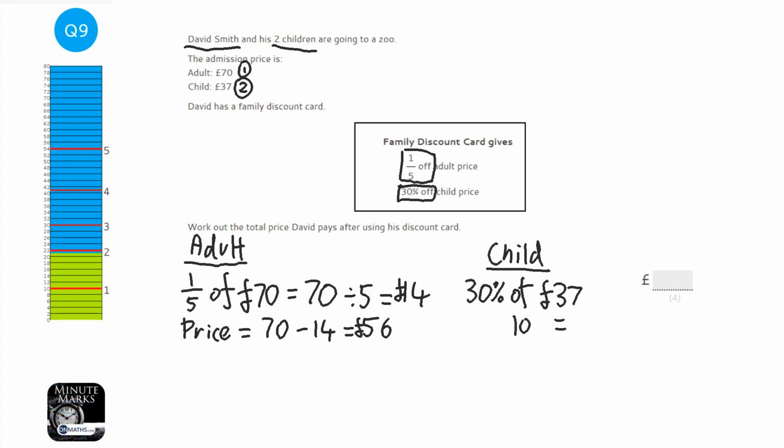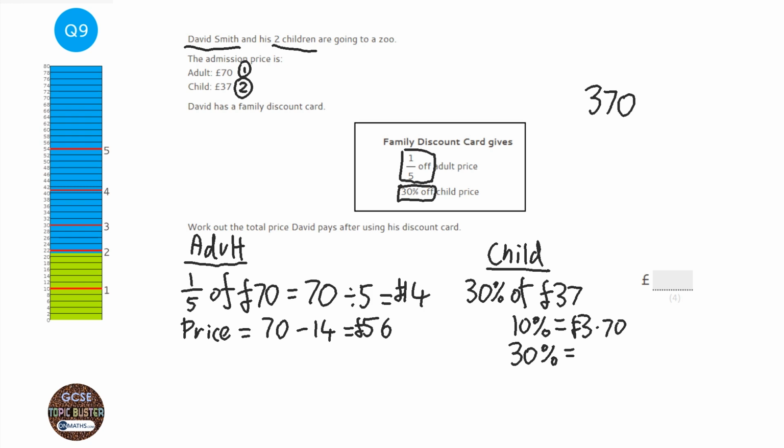Well, I know that 10% is going to be £3.70, and then I need to times that by 3. Let's have a think. I could do it in pence, 370, and then just times that by 3.